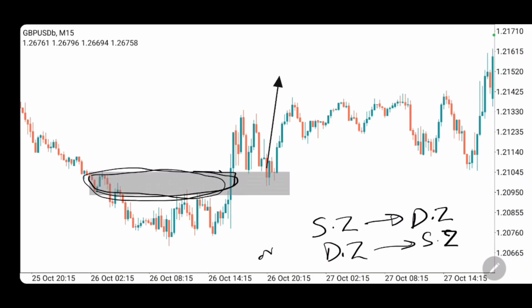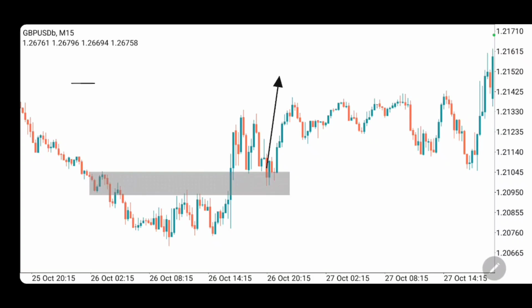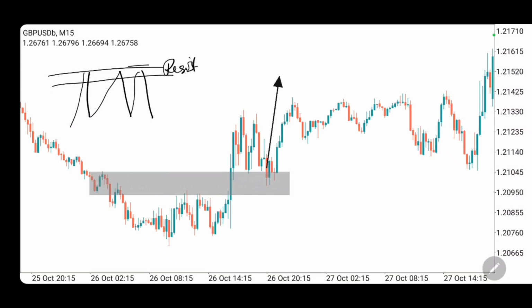But a demand zone is different from a support zone. A support zone is different from a demand zone, and a resistance is different from a supply zone. This is actually price comes to this zone, rejects, comes again, rejects, comes again, rejects. This is like your resistance, okay, and this is your support.